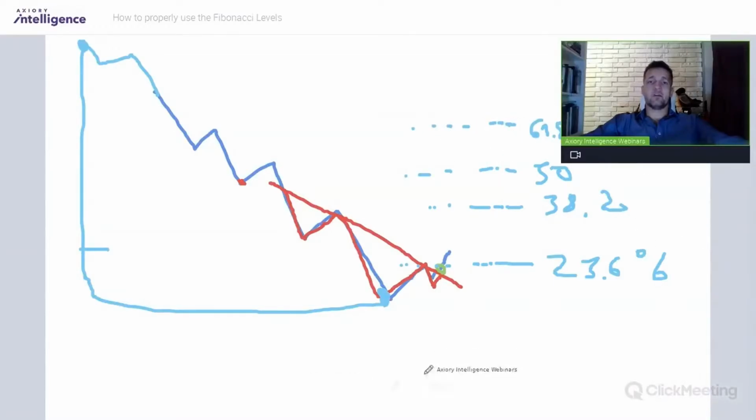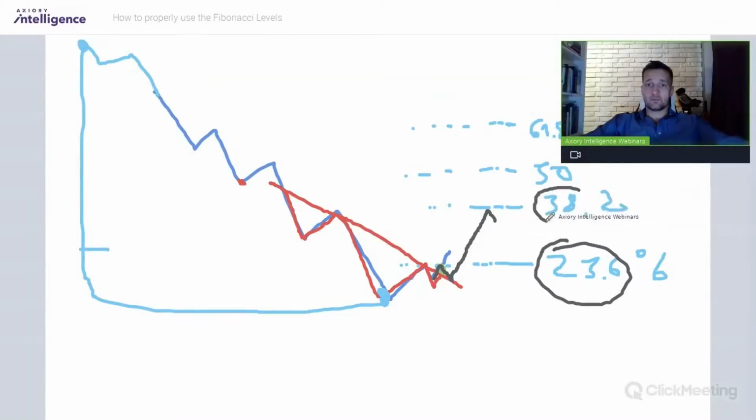So there is a first target, 23.6, 38.2, 50, 61.8. And now let me tell you about those levels. 23.6 is almost always reached, and very rarely it stops the whole correction. It may create a small bounce, but almost always the price goes further. 38.2 is absolute king. 38.2 rules.